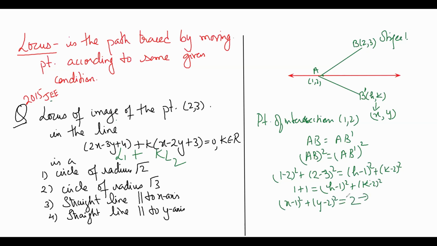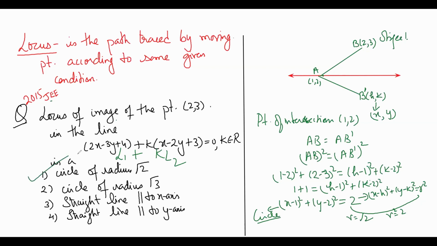As all of you know, the standard equation of a circle is (x minus h) whole square plus (y minus k) whole square equals r square. So r square is here 2, so r comes out to be root 2. Therefore my answer is a circle of radius root 2.